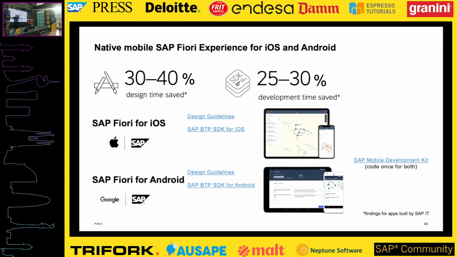And for mobile, we have the respective tooling as well. So this is also not new, just for completeness. For native iOS and Android development, we have the respective SDKs, so you can use them in the respective native development environment. And we have the mobile development kit MDK. It's a bit like the Fiori elements approach. Based on metadata, you can generate your application, right?